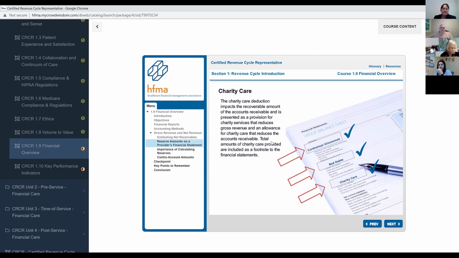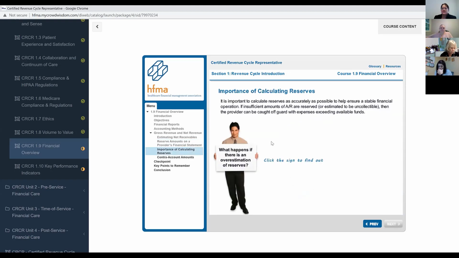There are many, many decisions that are made in your organization based on the results of your financial statements, so it's important to try to be as accurate as possible. That said, it would be helpful if you over reserve your estimates rather than under reserve. Because if you're over reserving your estimates, you're reporting less than you anticipate, but you actually collect more.